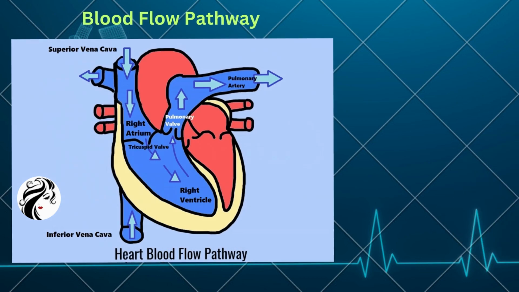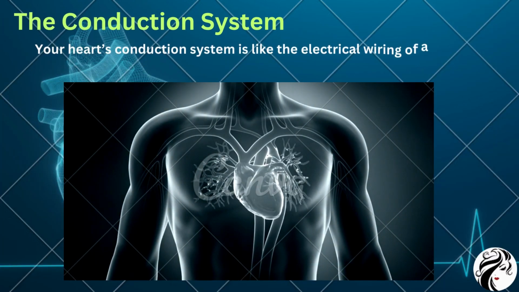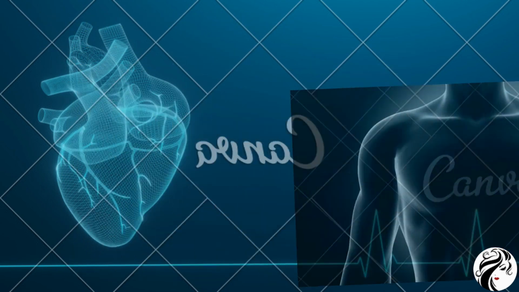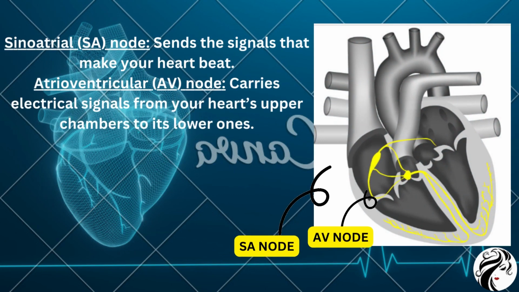So now we have the conduction system, which is basically the electrical wiring of the heart. It basically controls the rhythm and the pace of your heartbeat. So how does the conduction system work? Firstly, the SA node sends a signal that makes your heart beat. SA node is really important to start the signal.